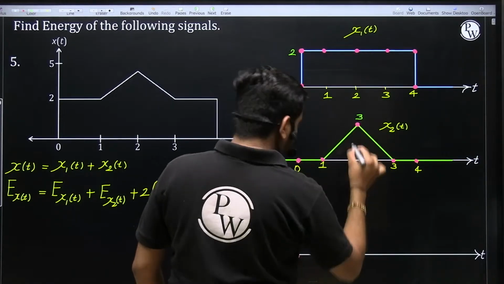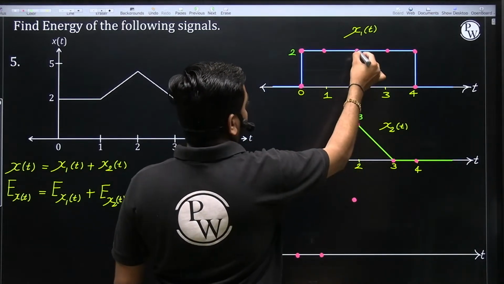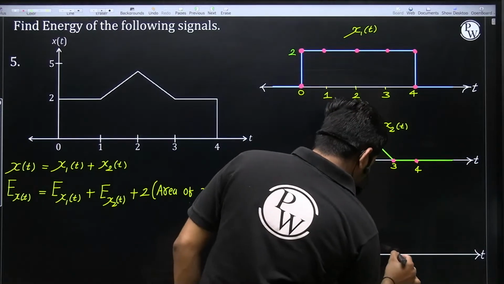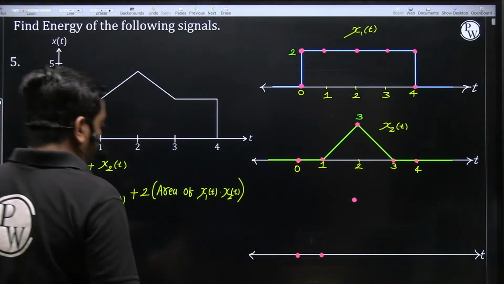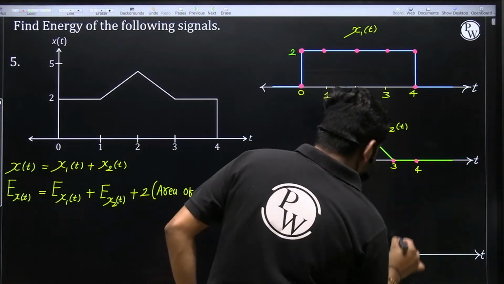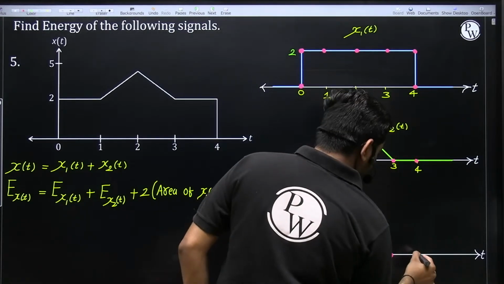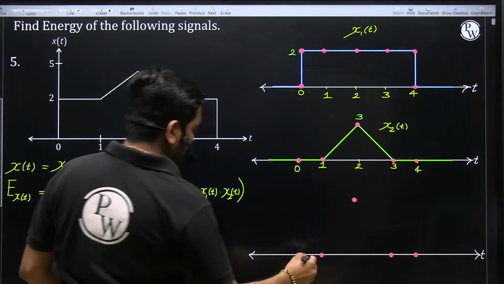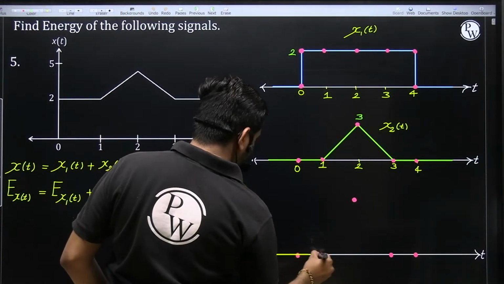Next, 2 into 3, so it is 6, yes or no? Here amplitude is 2, here 3, 2 into 3 is 6. Next, 2 into 0 is 0, and here 2 into 0 is 0, guys. Clear? So the resultant signal of the multiplication is non-zero, guys, correct?